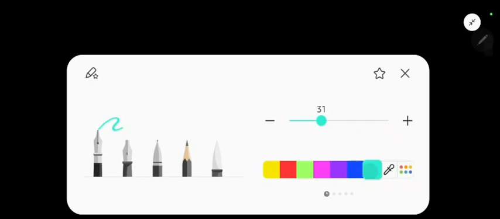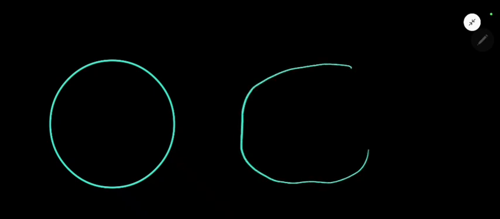Let us take this version and that version. We are just going to get another 2 versions that you can come across. So here is our center, and from there we go to the circumference, like that.